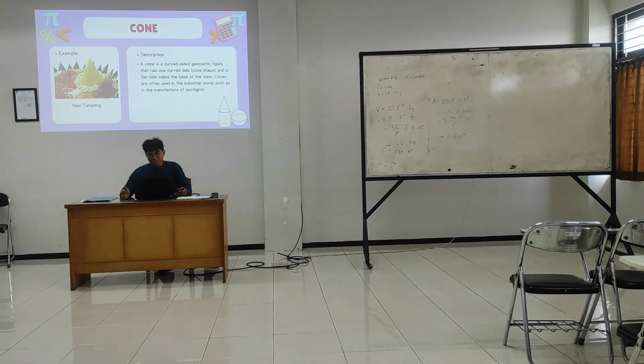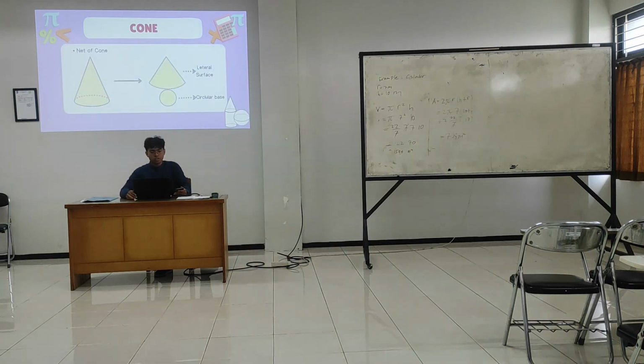So a cone is a curved-sided geometric figure that has one curved side or a cone shape and a flat side called the base of the cone. Cones are often used in the industrial world, such as in the manufacture of spoilers. So here is the net of the cone, it has a lateral surface and a circular base.